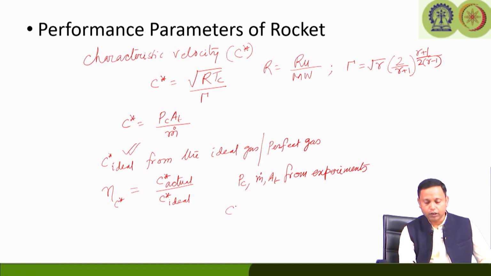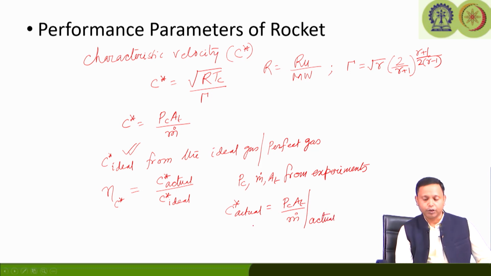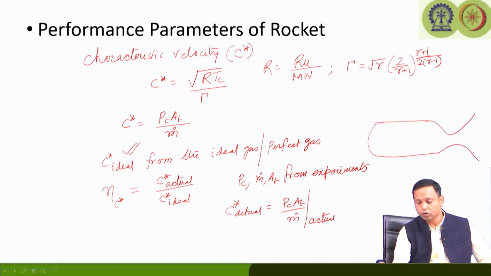So, C star actual will be equal to P C A T by m dot, of course, for actual cases, where we need to find the values from the experiment. In many occasions, the chamber pressure is obtained from the pressure transducer data we install during the test. There may be a pressure transducer installed which can tell us the actual chamber pressure, and we can feed this data.